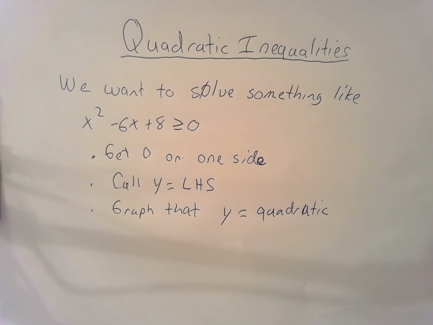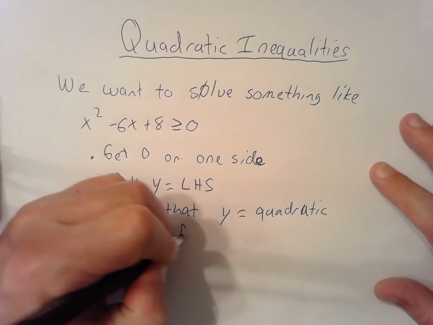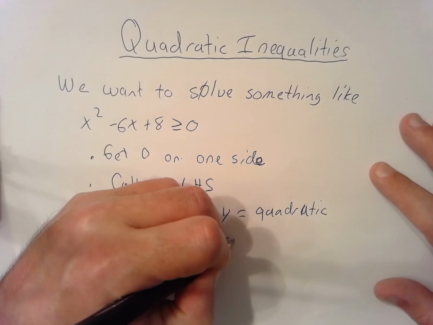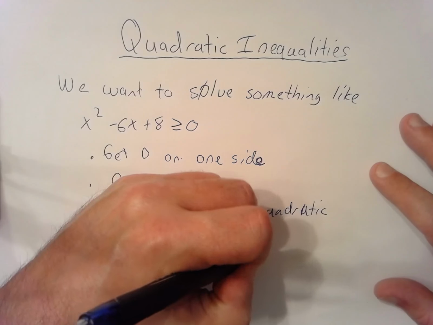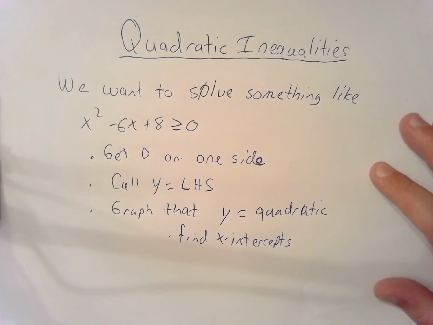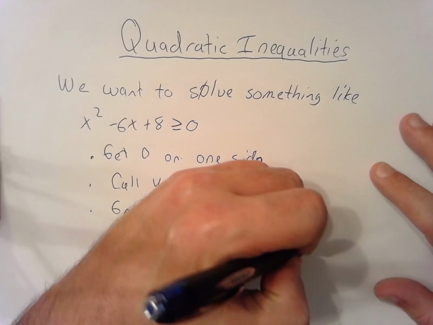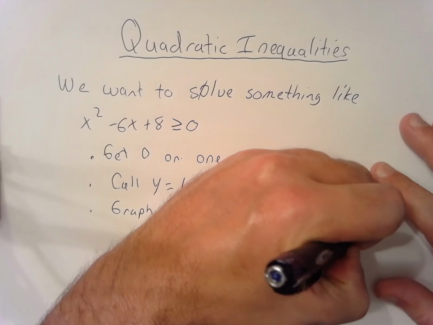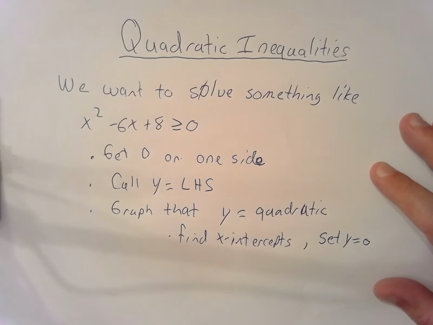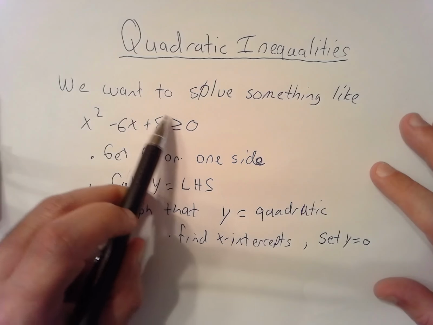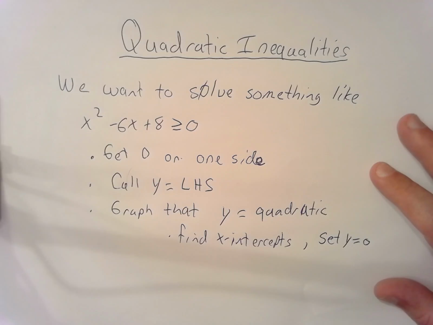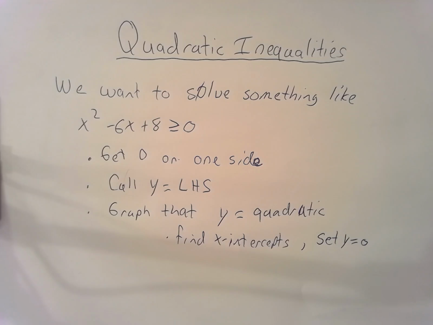So we know how to graph quadratics. In fact, we're not even going to draw a very detailed graph. We're just going to find the x-intercepts and then roughly sketch the graph. So we find x-intercepts. How do we find x-intercepts? By setting y equal to 0. So we're going to start with something that has a greater than or a less than. We're going to ignore the greater than and the less than.